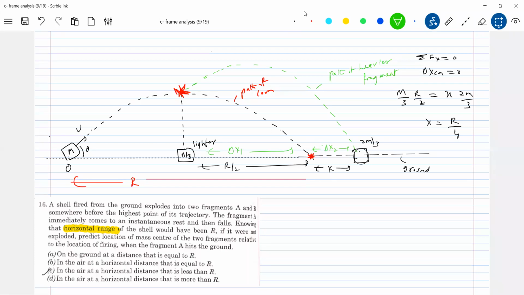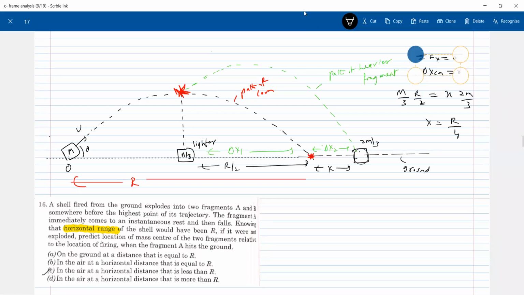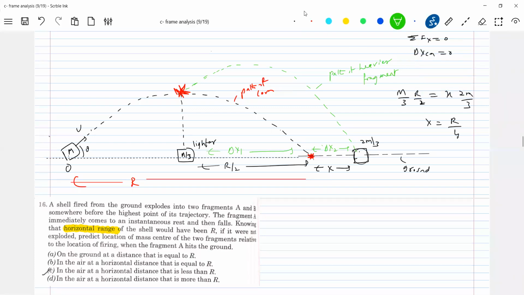Now let's write it mathematically. So this should be m by 3 delta x1 plus 2m by 3 delta x2 equal to 0. If you measure delta x1 negative, delta x2 should be positive.